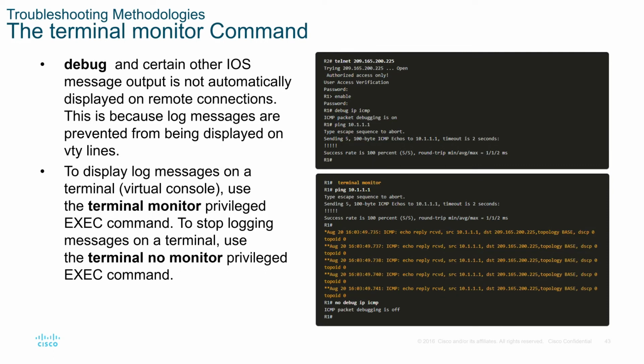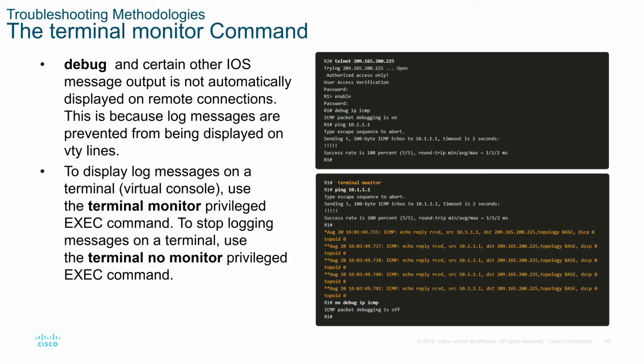Debug and certain other IOS messages output is not automatically displayed on remote connections. This is because log messages are prevented from being displayed on your VTY lines. If you wish to display these messages, you can use the command terminal monitor in privileged exec mode.